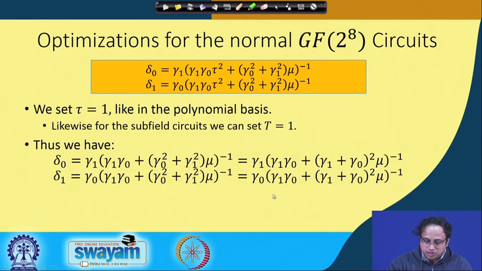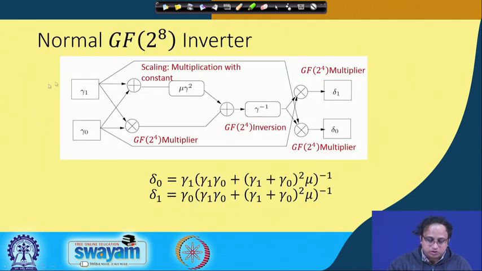Okay. And you can also draw this in a nice way. For example, here is my corresponding diagram for doing the normal GF(2^8) inverter, or you can say actually this is a normal (GF(2^4))^2 inverter, because my element has been written in (GF(2^4))^2. So now when I have got 2 components like gamma 1 and gamma 0, you can exactly do a 1-to-1 match with this equation.